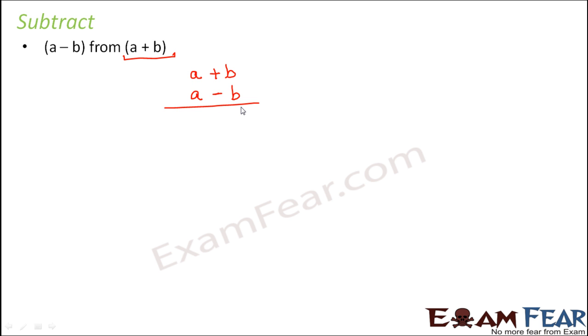Now in case of subtraction, what you do differently is change the sign of the expression which is located below, that is the smaller expression. Because if you perform it in the normal way, like we did in the previous slide, when you remove the brackets, the signs of a minus b get reversed.